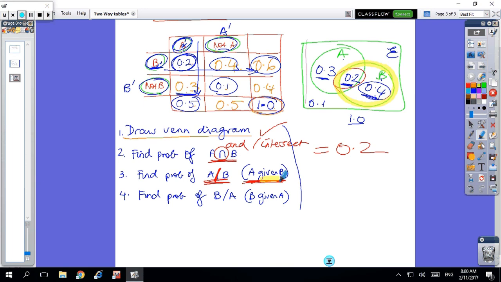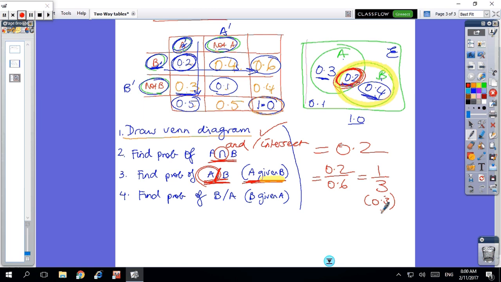Given B has happened is 0.6. So instead of our answers being over 1, our answers are going to be over 0.6. So what's the probability of it being A? Well, that event is A, so it's going to be 0.2 over 0.6, and when you put that on your calculator, you get 1/3 or 0.3 recurring.